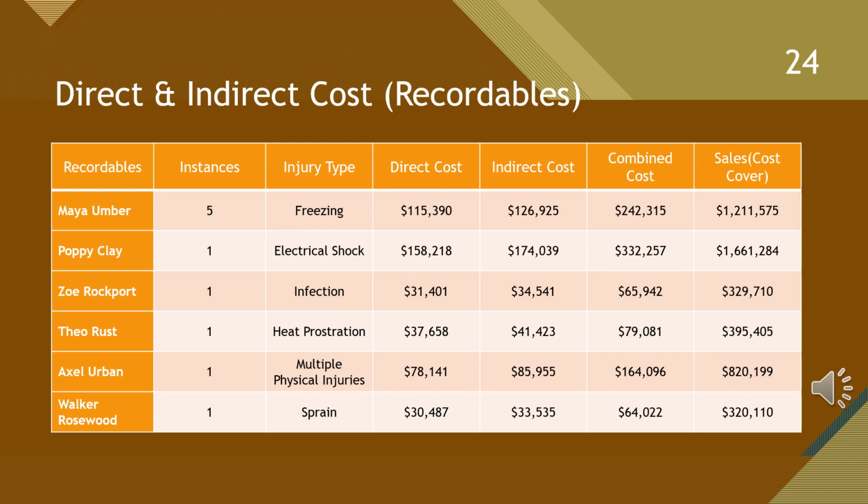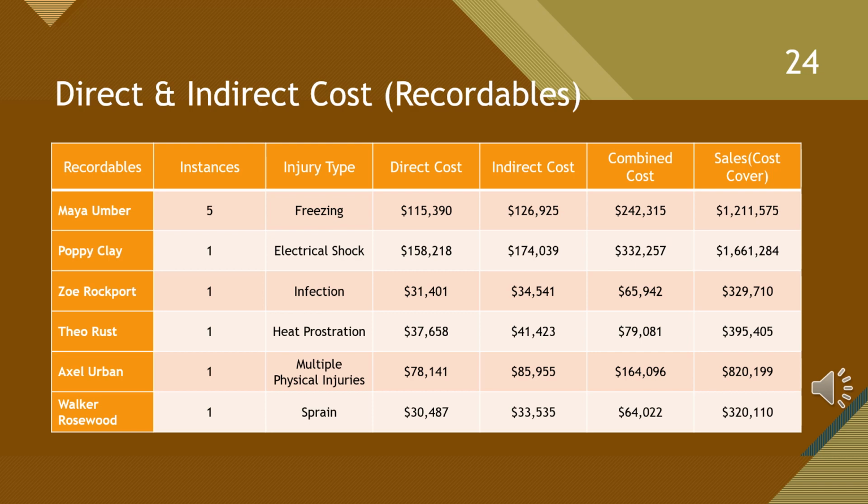With the freezing injury type, there are 5 fingers to the hand, and each one is a recordable. The direct cost of that injury is $115,000, and that's just for the direct consequences of the injury. The combined cost of the direct and indirect cost is $242,000.